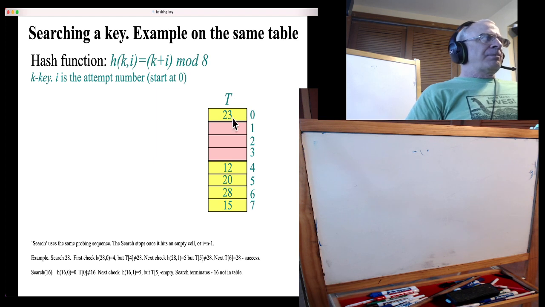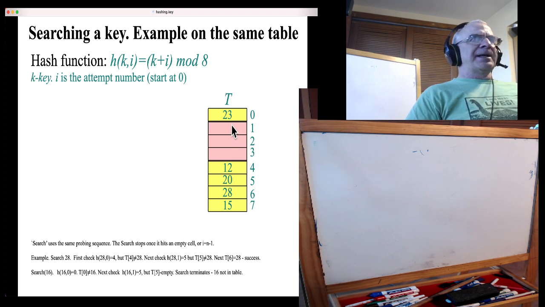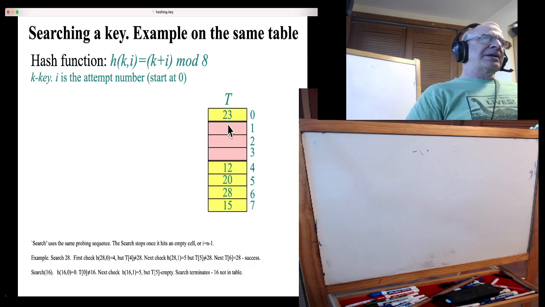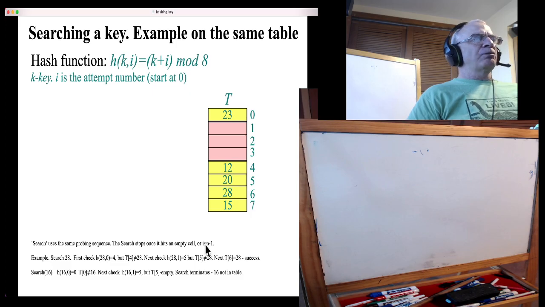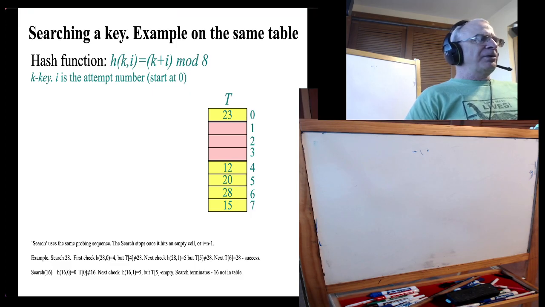Make sense? We stop the search when either we hit an empty cell, then our search fails, or when i equals m minus 1, where m is the size of the table. I should probably use a larger font.